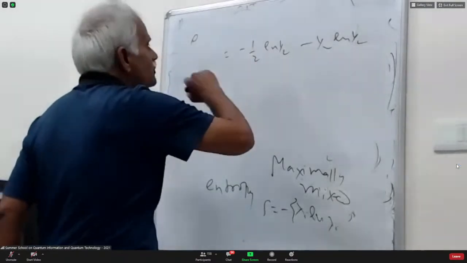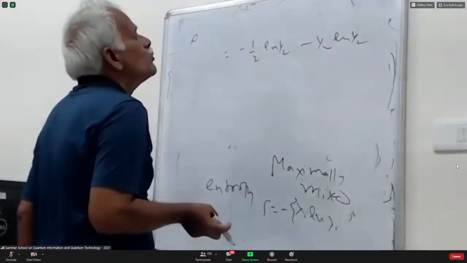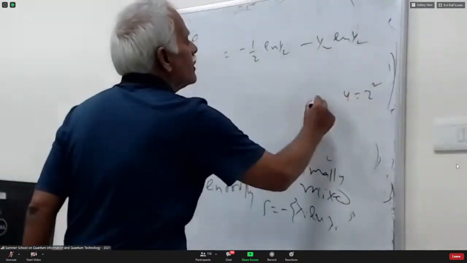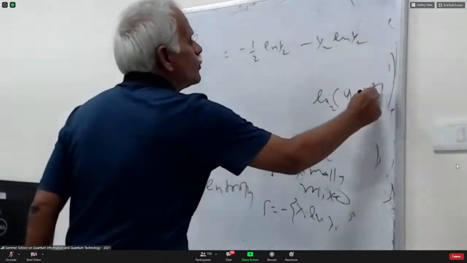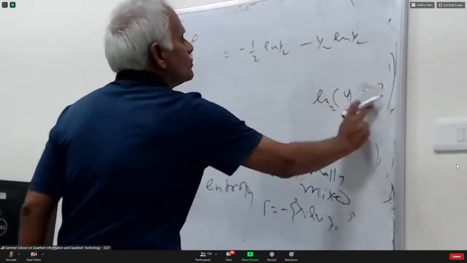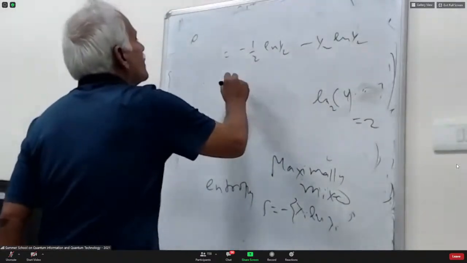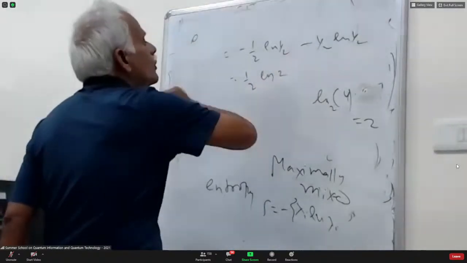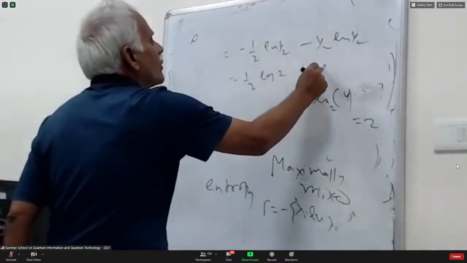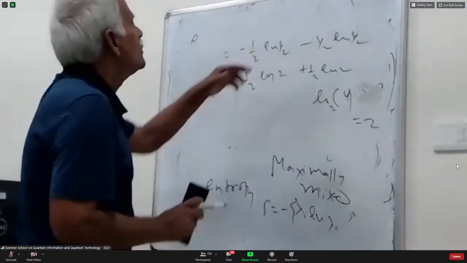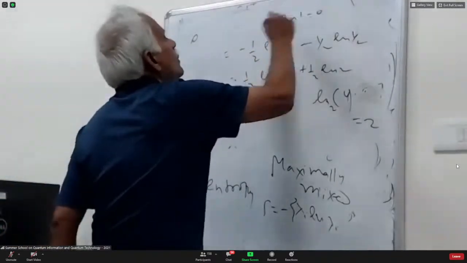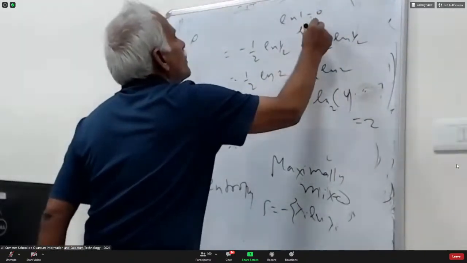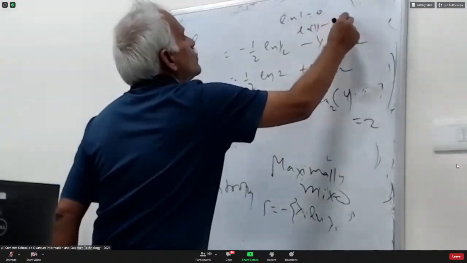Everything I have to compute with respect to base 2. Remember that 4 was 2 squared, and log base 2 of 4 was 2. So here this becomes 1 half log of 2 plus another 1 half log of 2, because log of 1 by 2 is log 1 minus log 2.